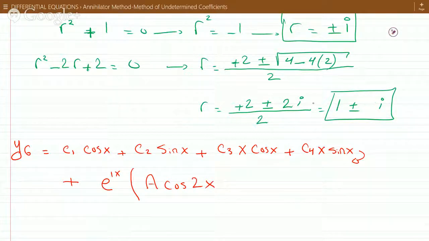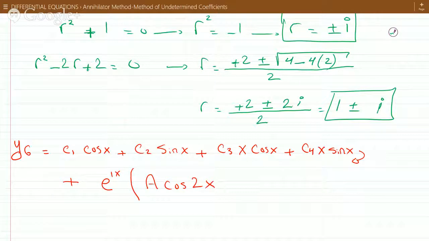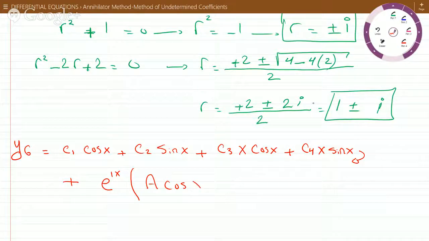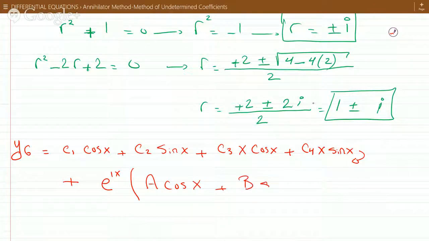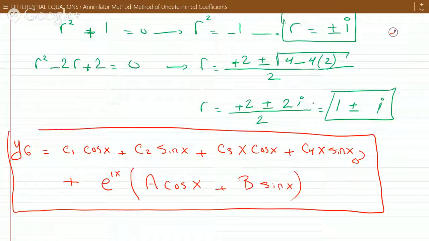Actually, wait, I made a mistake here. It is an x. This is 1 plus or minus i because you divide by 2. Nonetheless, it's not repeating because it's multiplied by an exponential term. So we'll continue here, a cosine x plus b sine x. Okay, so you can see it's a long general solution here. So this is the general solution to our differential equation.